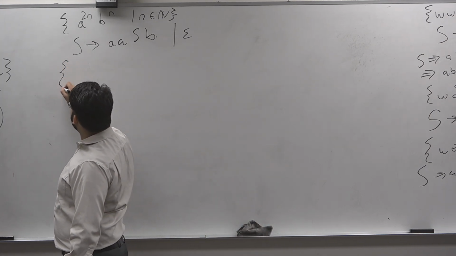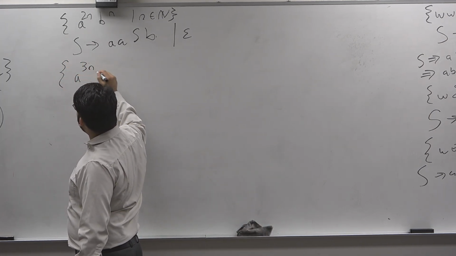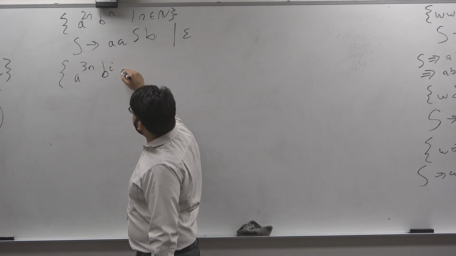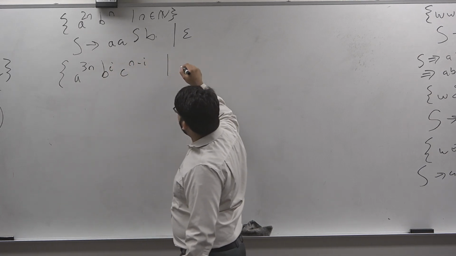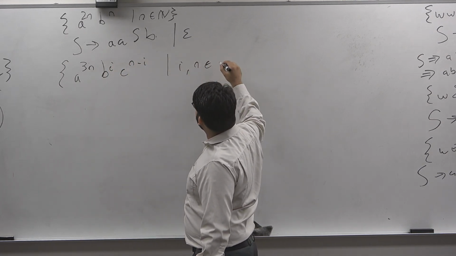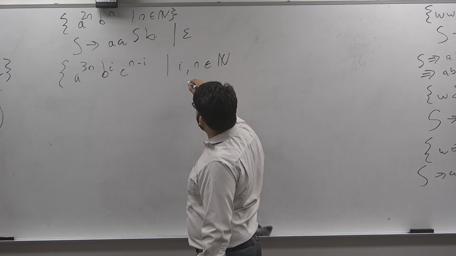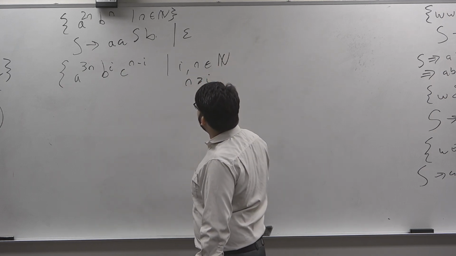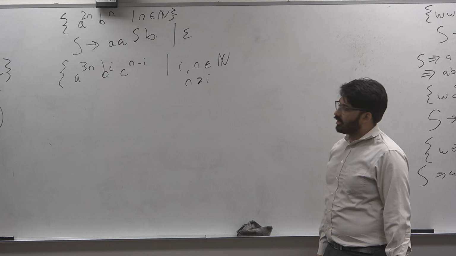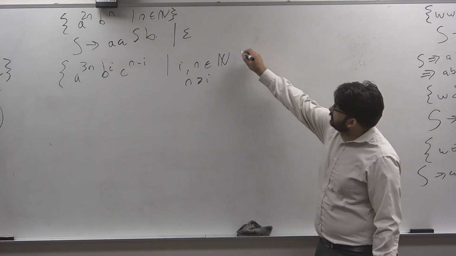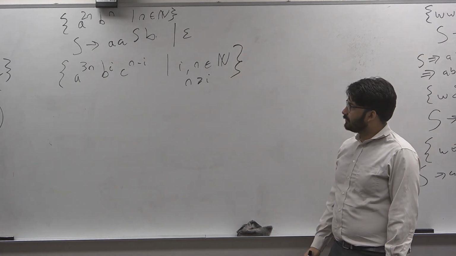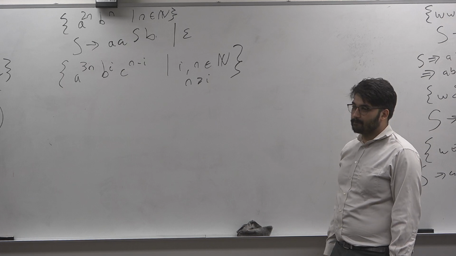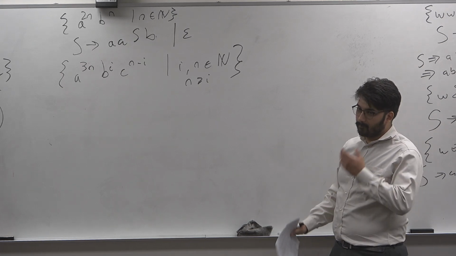Okay, what about, let's make it harder, A to the 3n, and now you guys can do that one, B to the i, C to the n minus i, where i and n are natural numbers. And even let's say that n exceeds i, so we don't have a negative subtraction there. This is a challenge one.